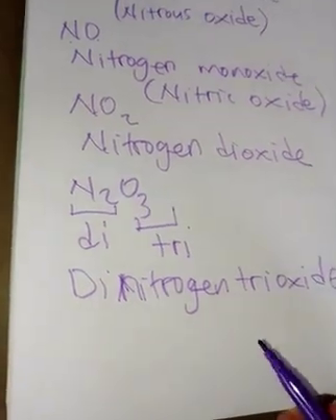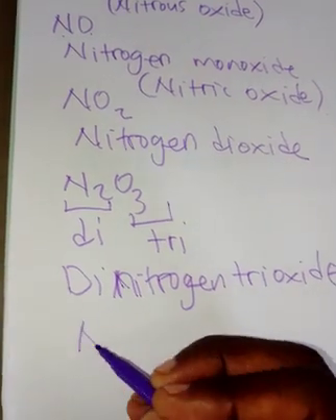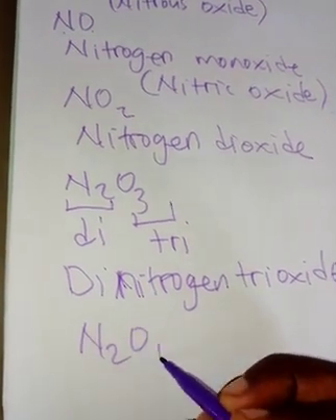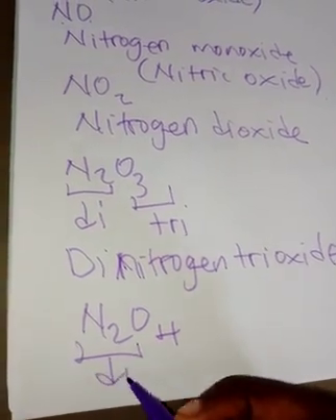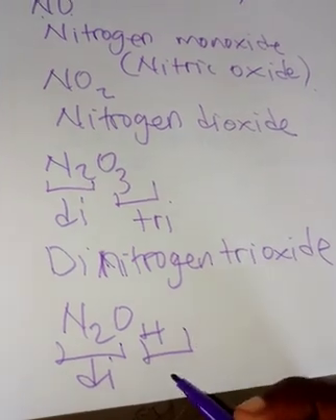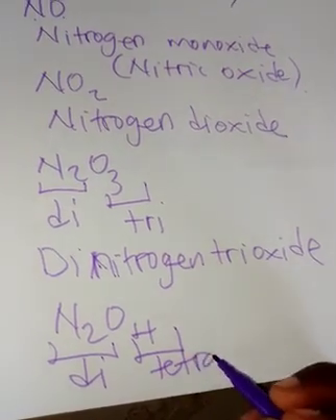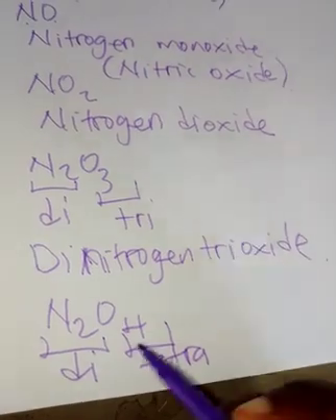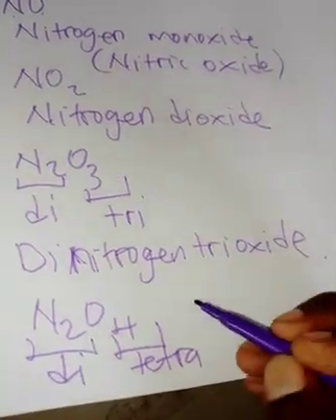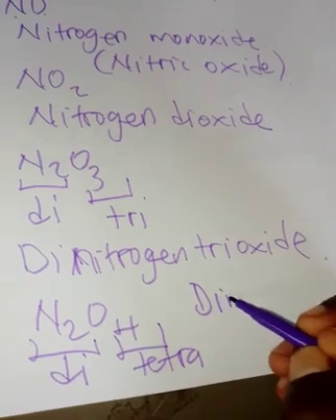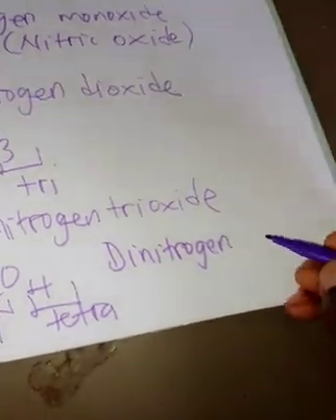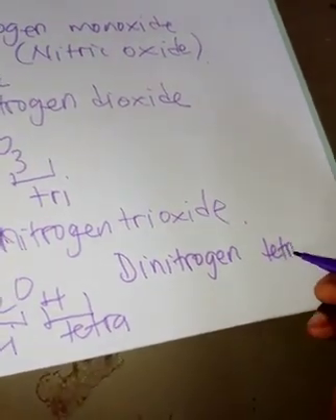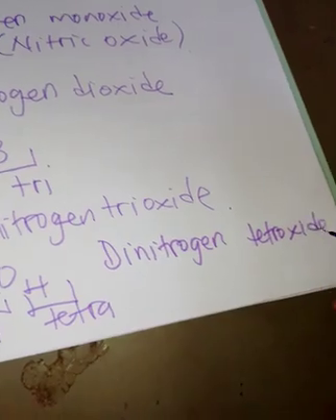Then what if you have this compound N2O4? 2 nitrogen atoms, so use di, 4, so use tetra. So the name of the compound is what? Dinitrogen tetroxide.